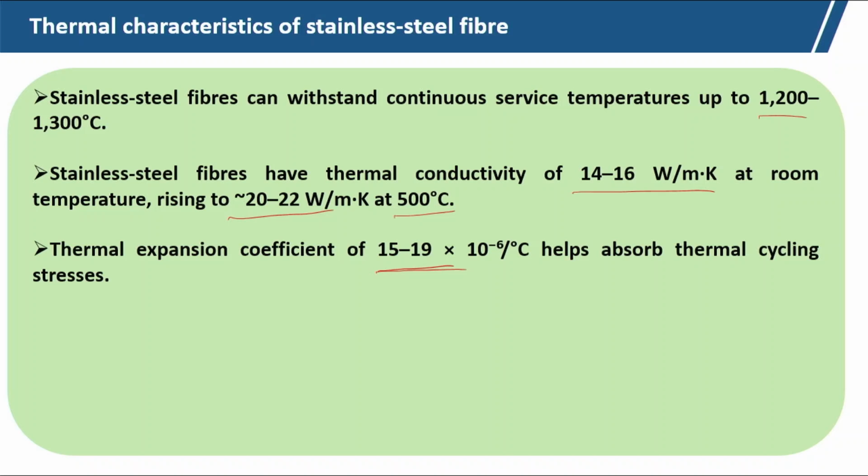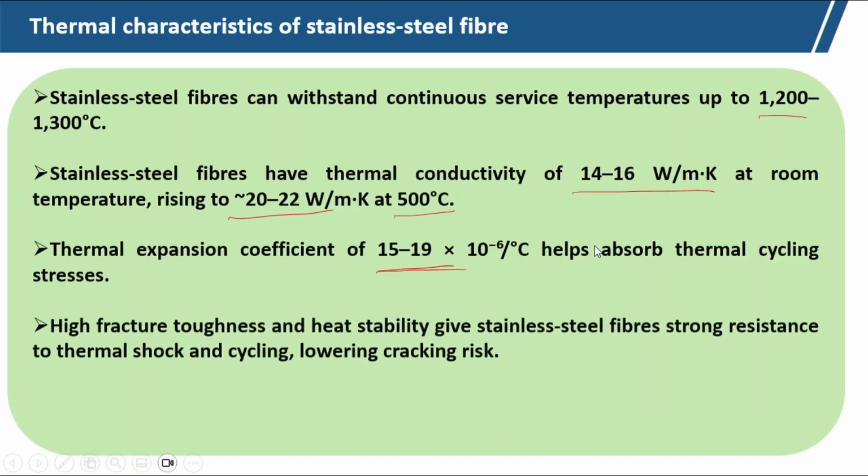So, thermal expansion is low, and it can absorb thermal cycles very easily. In applications where temperature changes are there, we can use this stainless steel fiber very well, and high fracture toughness and heat stability give stainless steel fiber strong resistance to thermal shock and cycling.